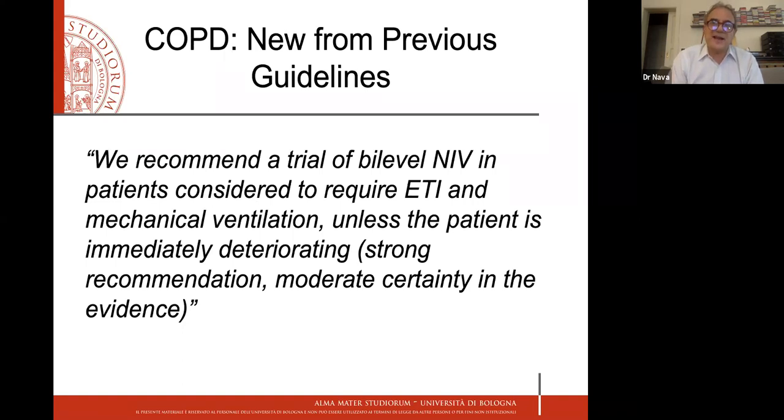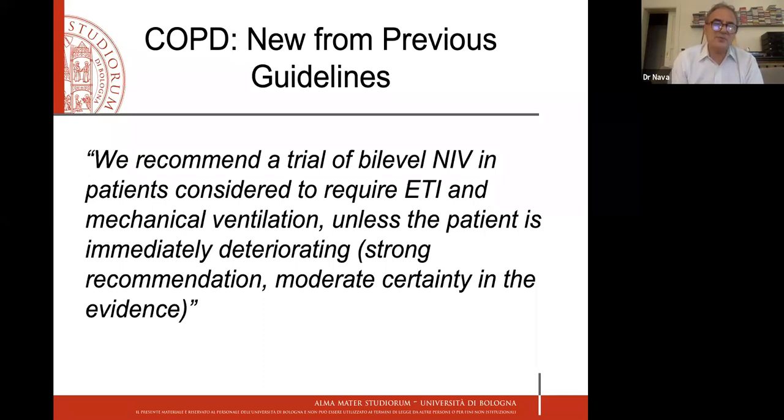The previous guidelines, the ATS guidelines, dated from the year 2000, so 21 years ago. There were no studies comparing NIV versus intubation. We considered in these guidelines also two studies comparing these two techniques.